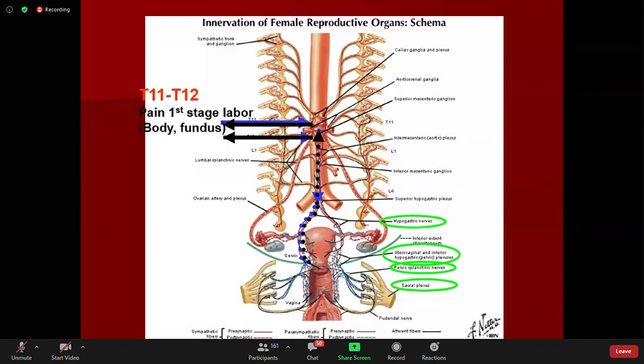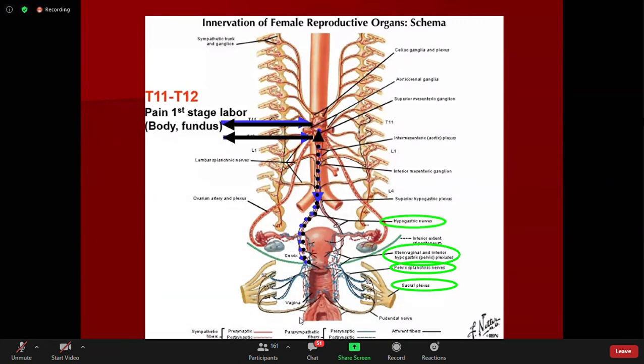What level? S2, 3, 4. So if you want to anesthetize the lower part of the uterus, including the cervix and the upper half of the vagina, you need to put anesthesia where? Into segments S2, 3, 4 of the spinal cord. Right? Simple.